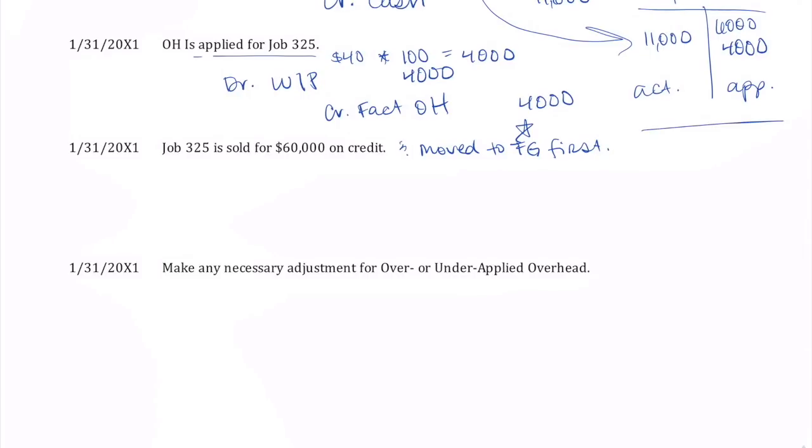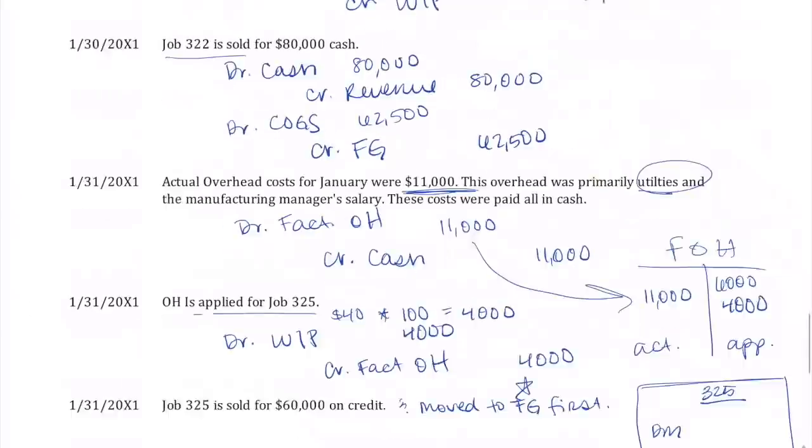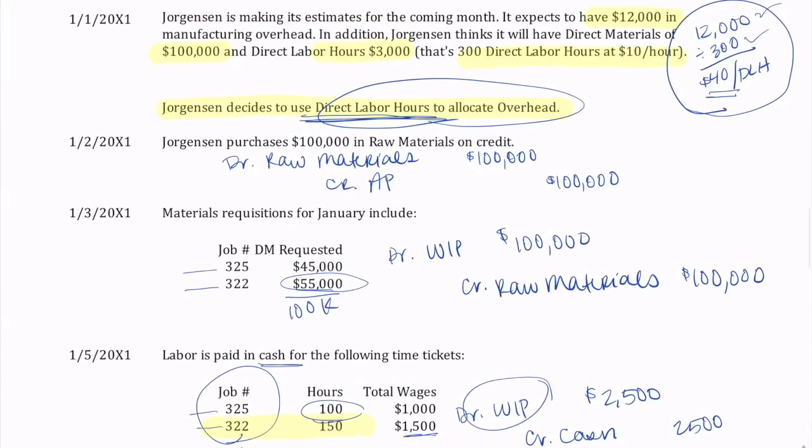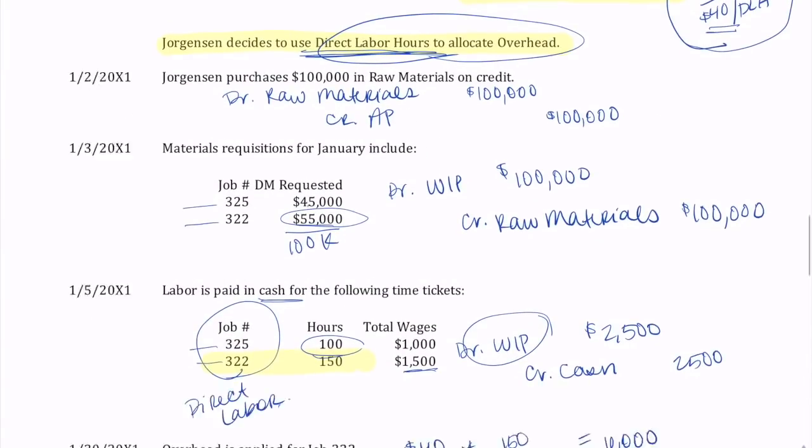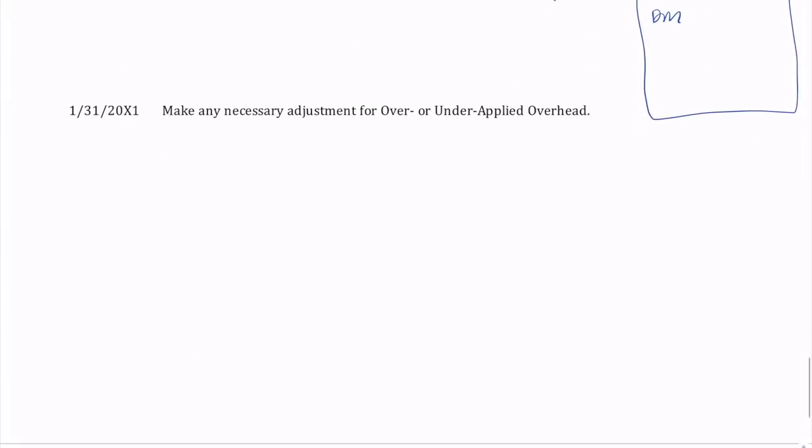Let's over here do a quick job cost sheet for job 325. Direct materials for job 325. Let's go back up and see what they were. $45,000. Okay, $45,000 in direct materials. Direct labor for that job.